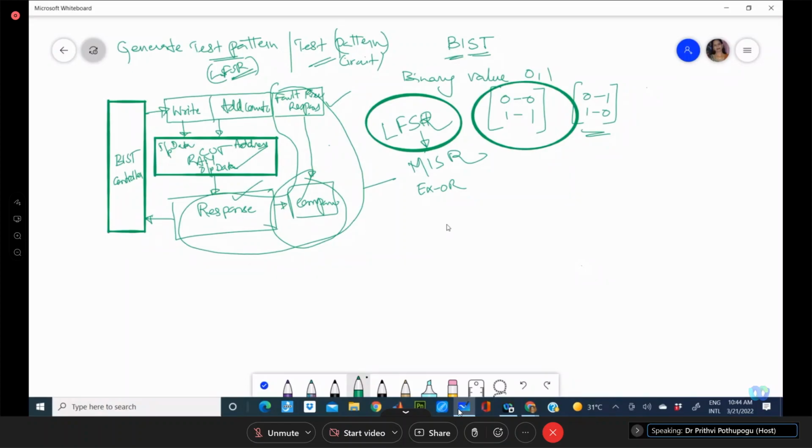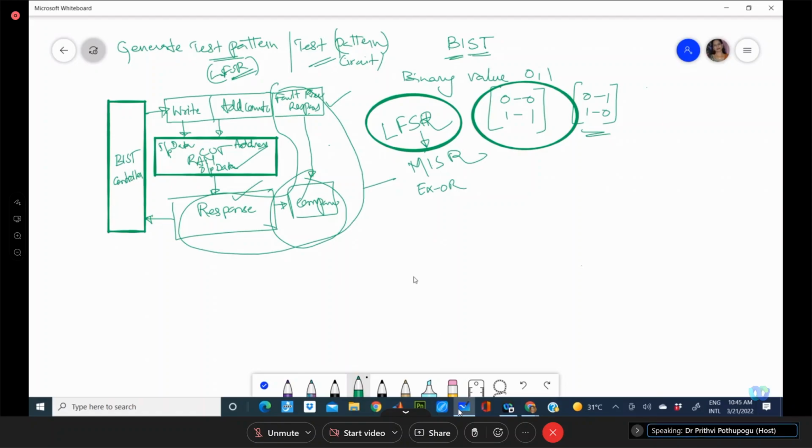The logic of XOR tells us whether the bits or patterns we are getting are similar or different. So an extra XOR element is taken at every stage, every tap point. That makes the linear feedback shift register into a multiple input signature register. That means not only generating, but testing can also be done in parallel.